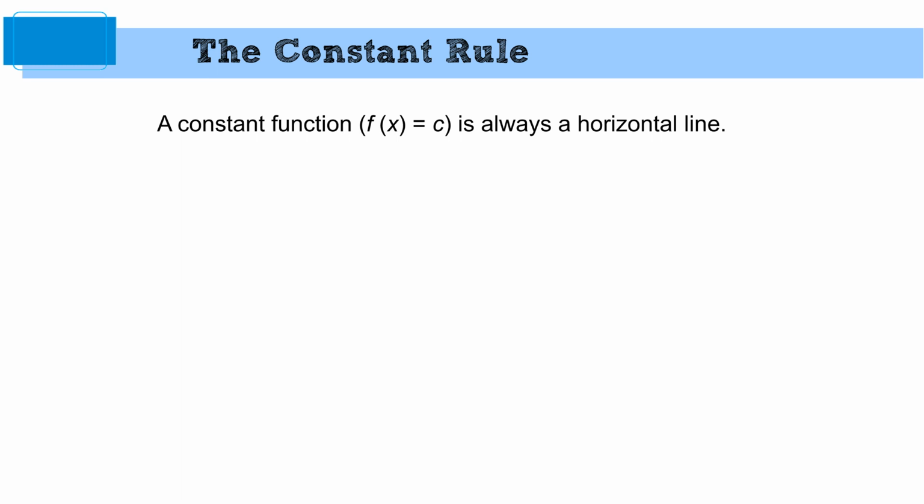So without the limit in front of it, the difference quotient, f of x plus delta x minus f of x all over delta x, is the slope of the secant line. When we take the limit, we get the slope of the tangent line. So what would be the derivative of a constant? 0. Good, because the slope of the horizontal line is? 0. Beautiful.